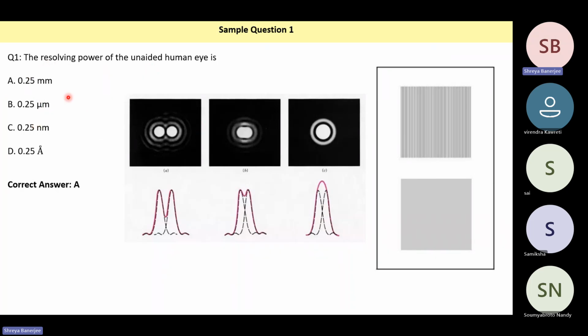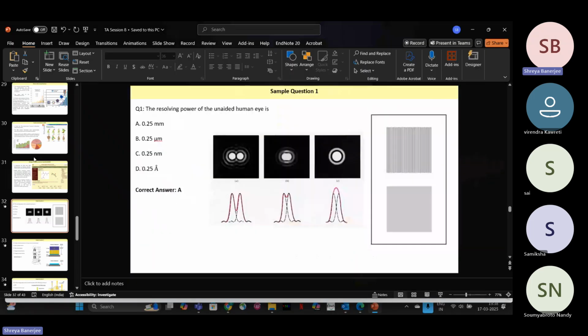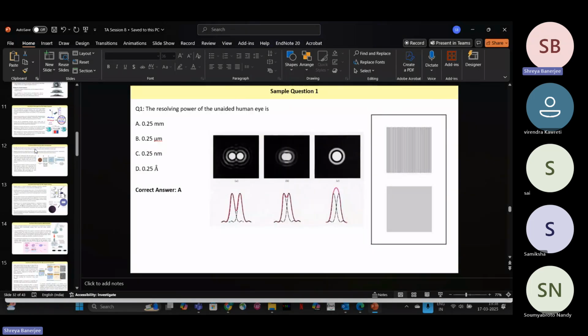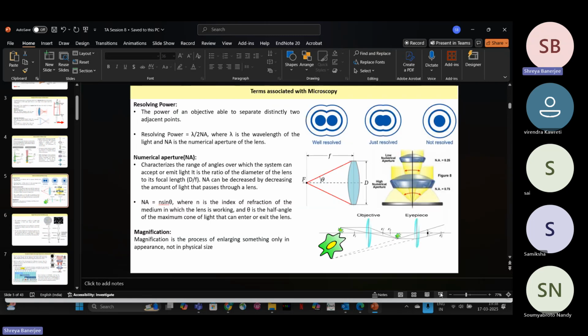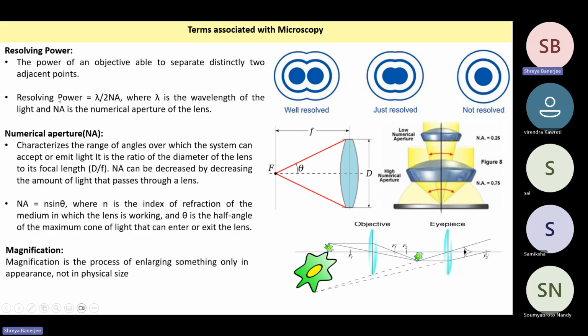And also we saw the expression of resolving power. I'll go back to that slide. So the resolving power, the formula was lambda by 2NA, where lambda is the wavelength of the light and NA is the numerical aperture. And numerical aperture you can calculate by the ratio of diameter of the lens divided by focal length of the lens, that is D by F. So smaller the wavelength, higher will be the resolving power.